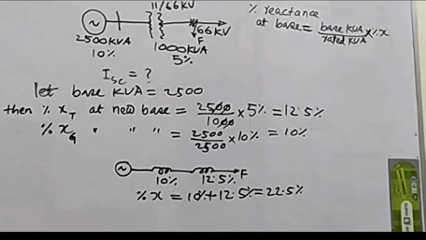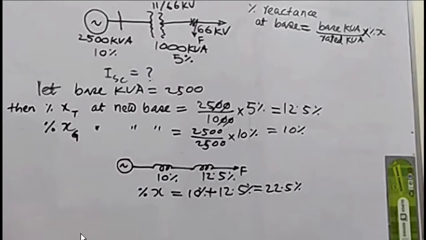Clear? Any question? XT is the transformer percentage reactance and XG is the generator percentage reactance, at the new base. The new base is 2500 kVA; we have let it, meaning assumed it.